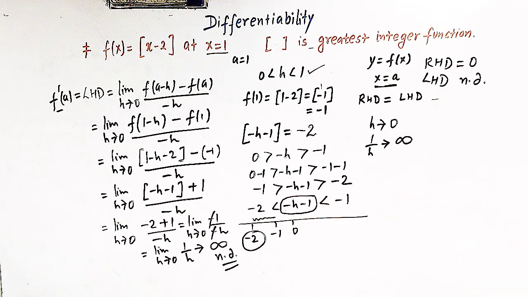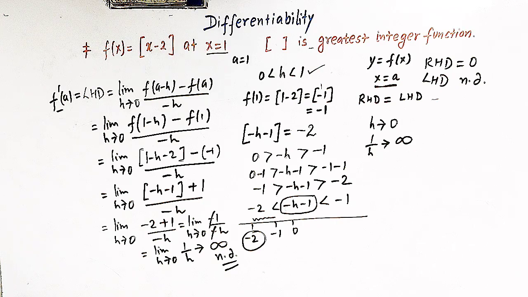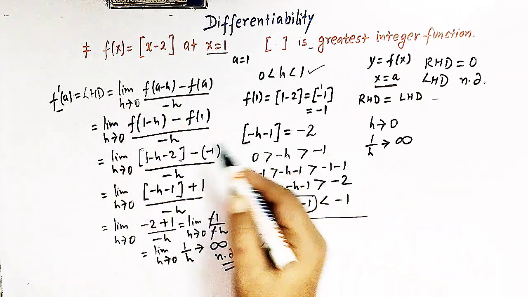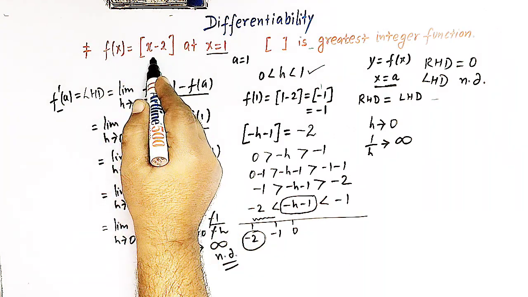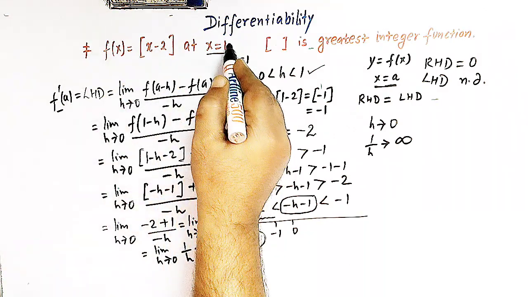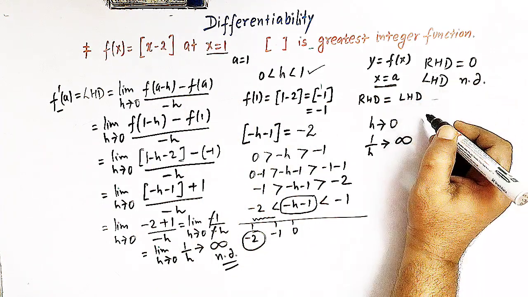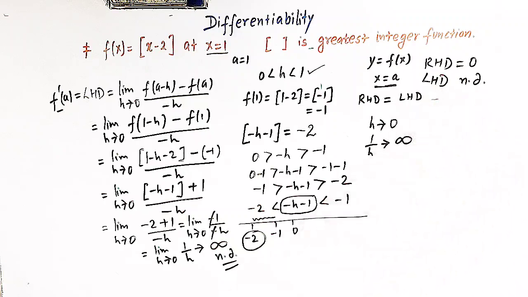So we do not have a unique tangent to this curve at this point, that is x is equal to 1. That's why this function is not differentiable at x is equal to 1. So we can conclude that the greatest integer of x minus 2 is not differentiable at x is equal to 1, because the right hand derivative is not equal to the left hand derivative, right?